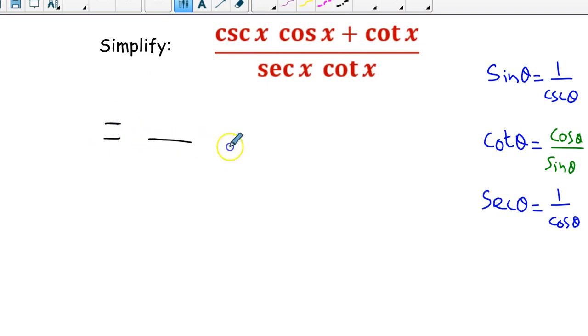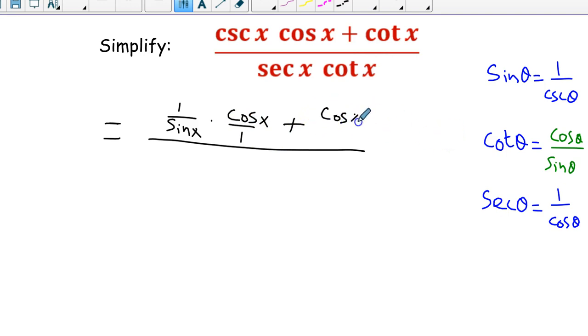Alright, so here you have a big division. Cosecant x is 1 over sine x, times cosine x is cosine x only, and if you want you can write denominator 1 for our convenience, plus cotangent x is cosine x over sine x.